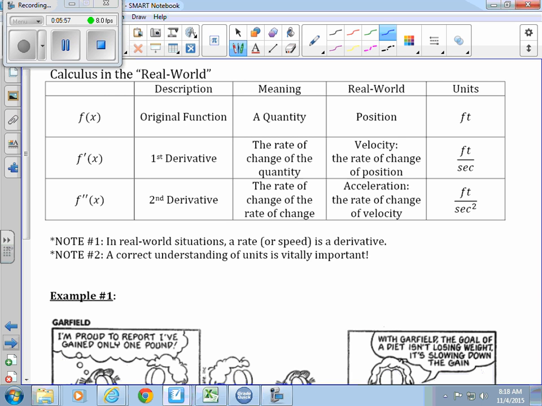So you would get feet per second squared. Today is definitely going to feel a little strange as far as calculus goes. It's not something we'll spend a lot of time on, just one day, but we're just going to look at some real-world situations and identify the function. We're going to identify the derivative, identify the second derivative, and sketch a graph of what that might look like.